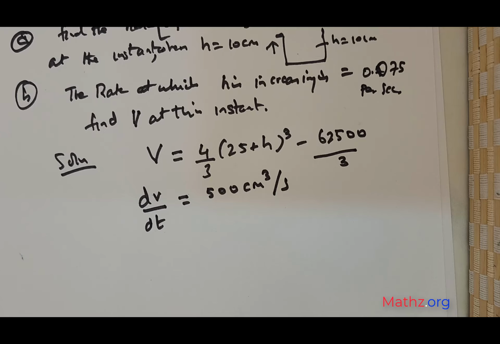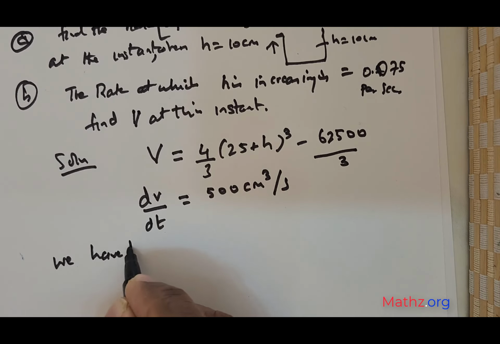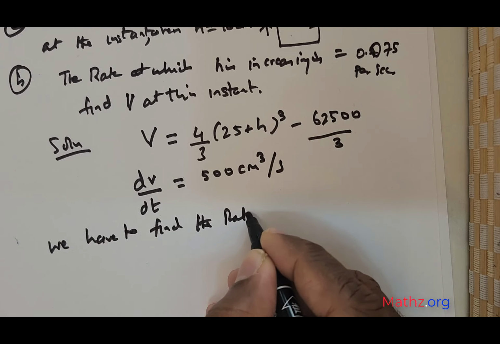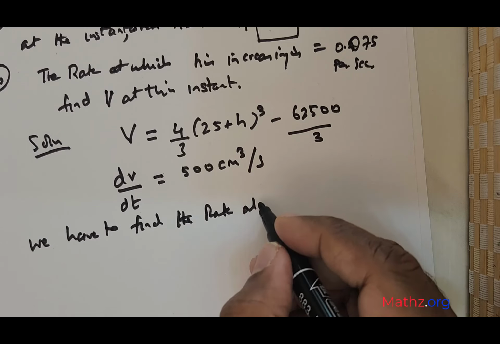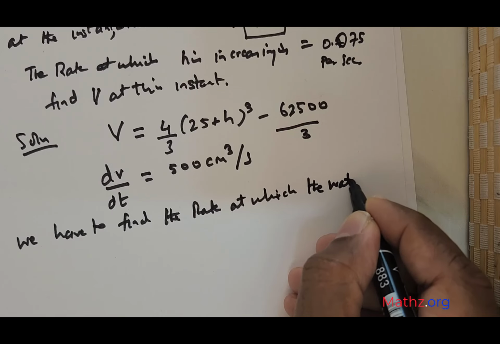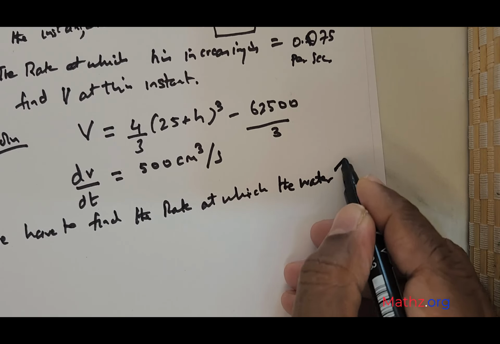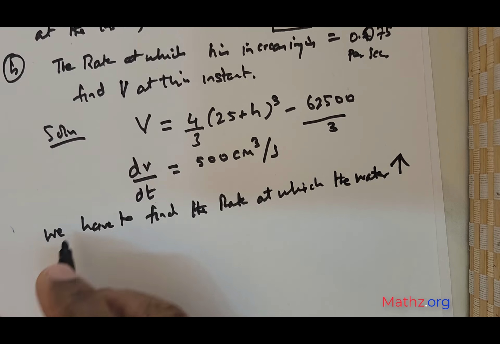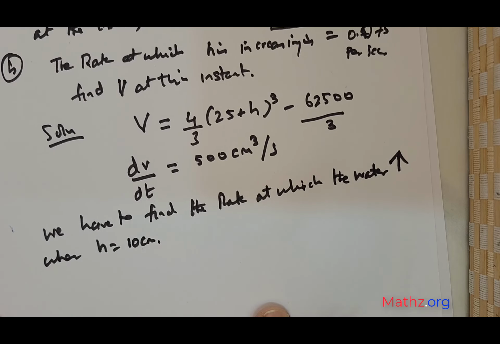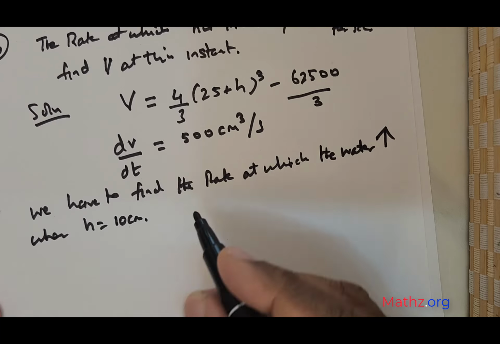Now we are asked to find what is required. We have to find the rate at which the water increases, right, when h is equal to 10 cm. So this is the requirement for the first question.